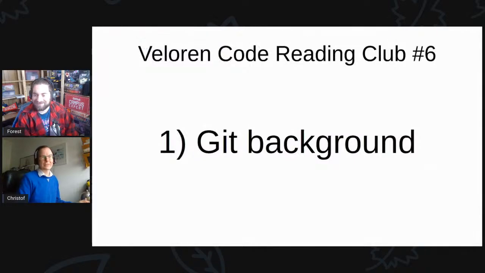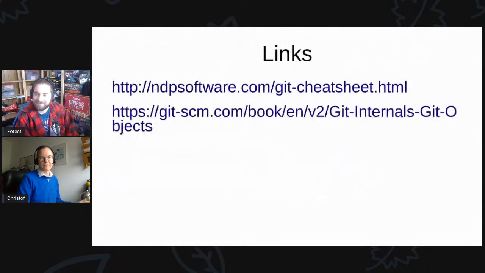Going to the second part, there are some links in here. There's this interactive cheat sheet, and also a link to the Git internals, which explains what a tree is, what a blob is, and all these commands which I used to look in there.